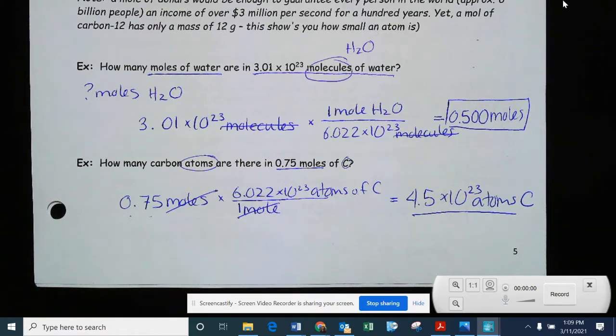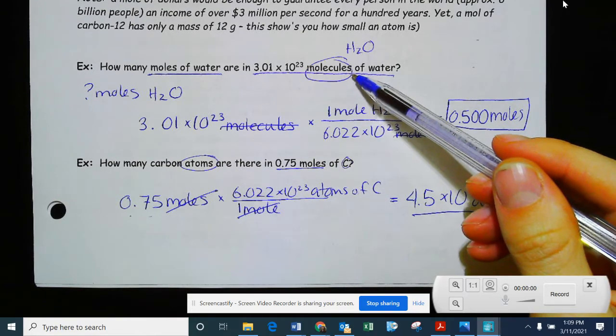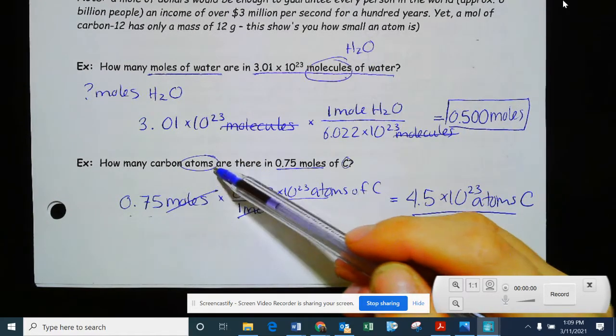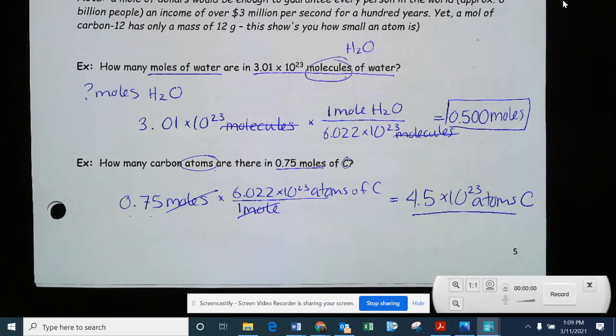Just a note, sometimes these questions will say molecules, sometimes atoms. It's dependent on whether we're looking at an atom or a molecule.